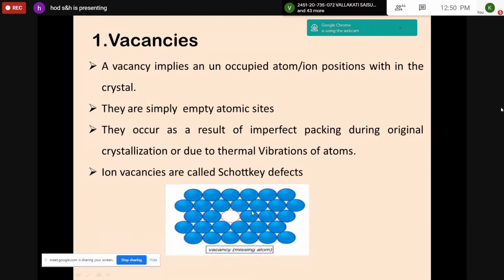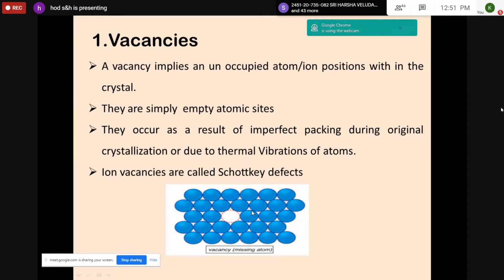During this process, some order will be missing, so that a lattice point cannot be occupied at the micro level. They also occur because of atomic vibrations. At 0 Kelvin there is a perfect arrangement, but getting 0 Kelvin is not possible practically. At relatively high temperature, the atoms absorb thermal energy and vibrate from their mean position, so they can be displaced from the lattice point, and a vacancy is also created. This is the basic reason why some crystalline planes have empty atomic sites.